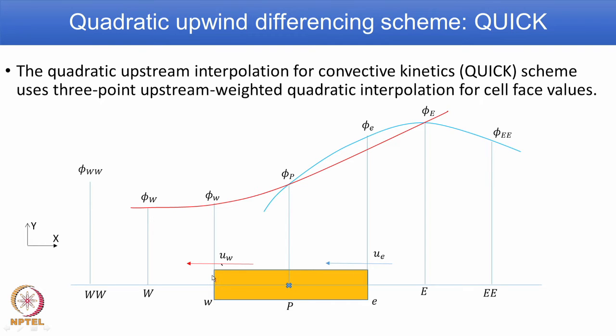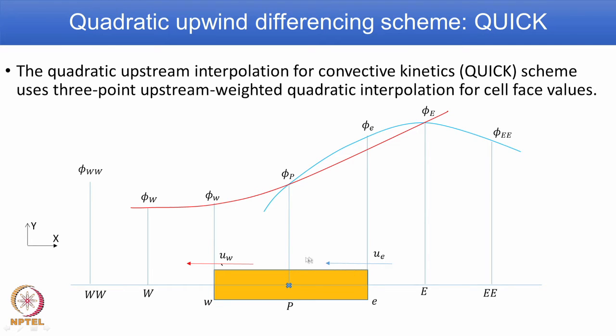Similarly, for another situation, the value on this face E: you have node E, capital letter E, on the right side of the face, and node P, which is on the left side of the face.